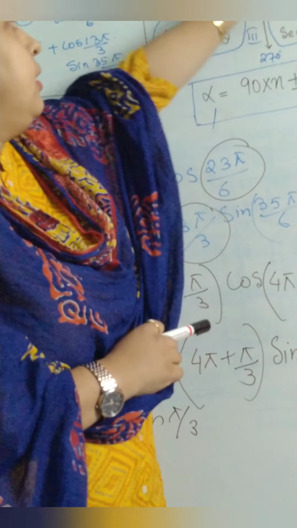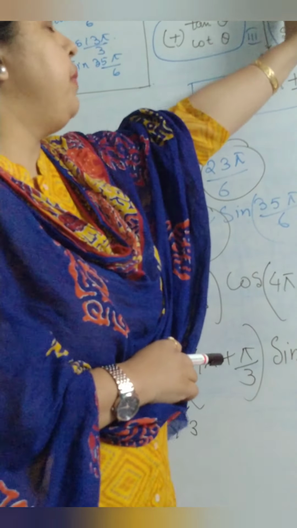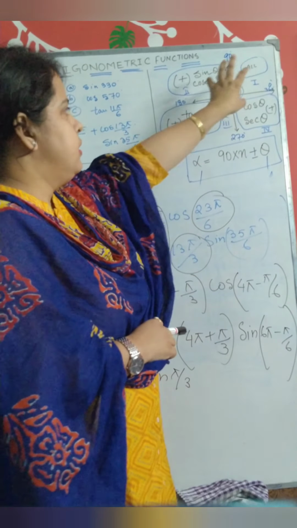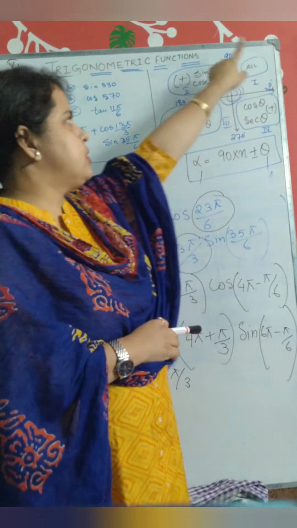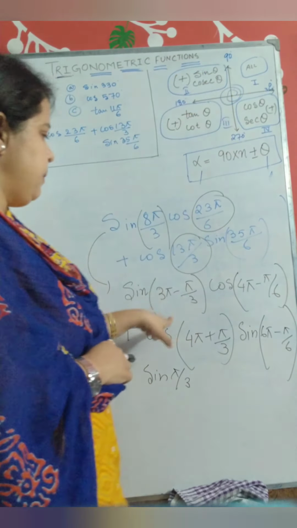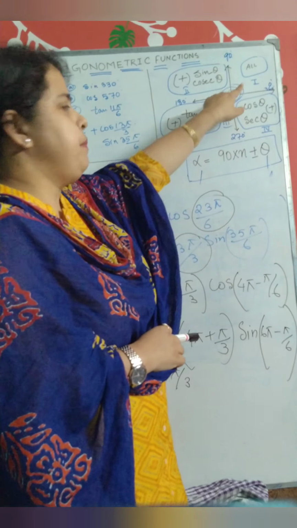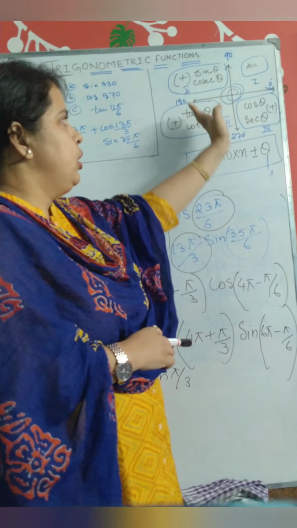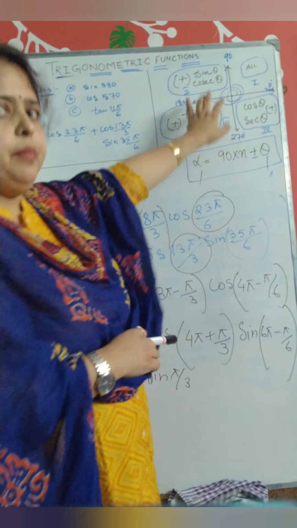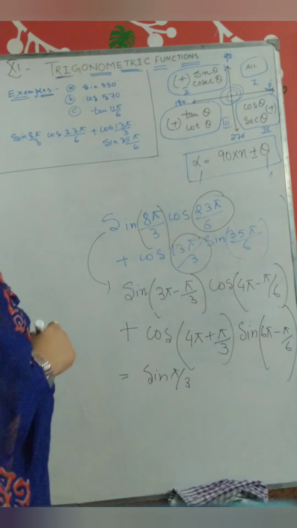3 pi: this is 1 pi, this is 2 pi, this is 3 pi. Then 3 pi minus: am I exceeding? No, I am getting back. So I am dropping to the second quadrant.